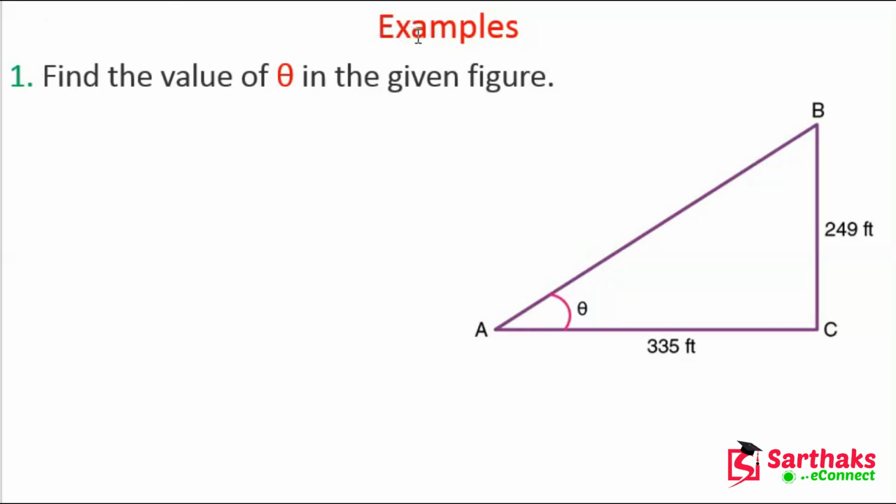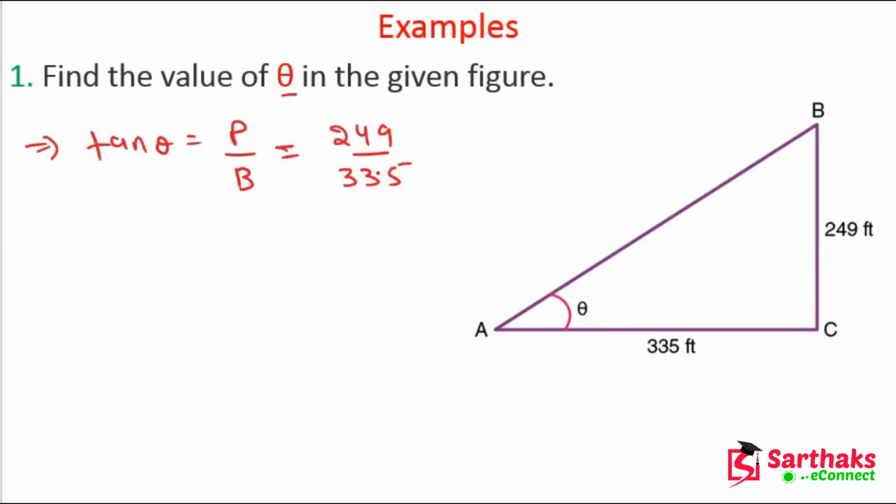Now in this, find the value of theta in the given figure. This is very easy. We know that tan theta is equal to perpendicular upon base. What is perpendicular? This is 249. And what is base? This is 335.